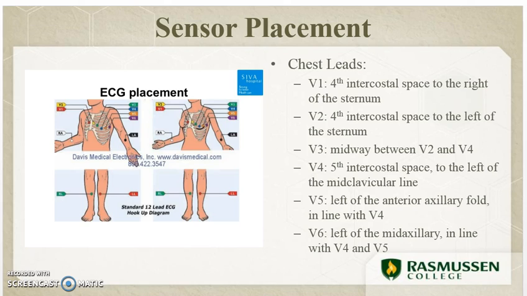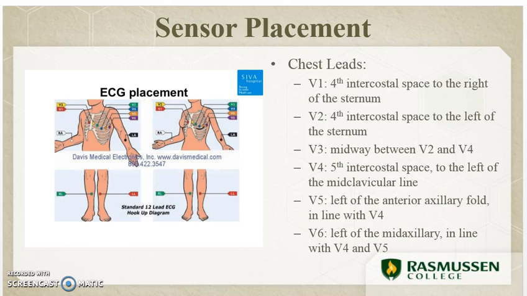So now we need to discuss the importance of placing the leads or sensors. The ECG machine records the cardiac cycle through 10 sensors or electrodes that are placed on a patient's skin. You have the right arm, right leg, left arm, left leg. The right arm would be on the upper part of the arm, but the right leg, this sensor, serves as an electrical reference and does not actually get used in the recording.